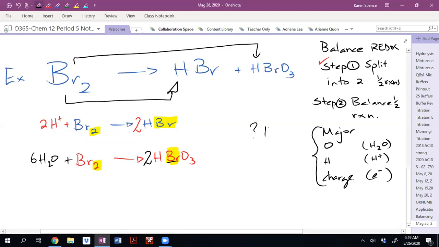So how many hydrogen ions, and to which side am I going to add them?